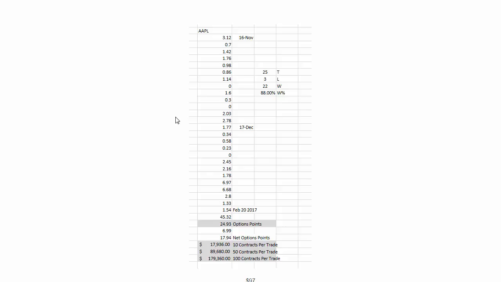And the zeros equal the trades that are blanked out. That means also that we are not using stops in this method. Of course, you can. But in this approach, we don't, because we've noticed a couple things.